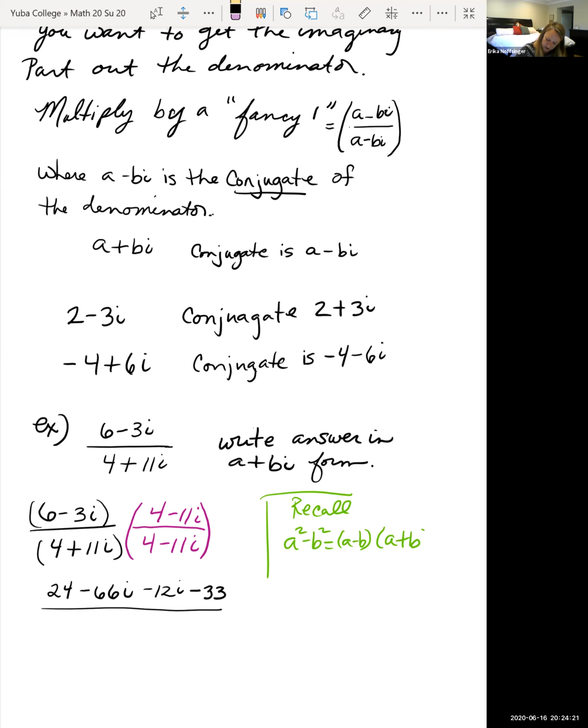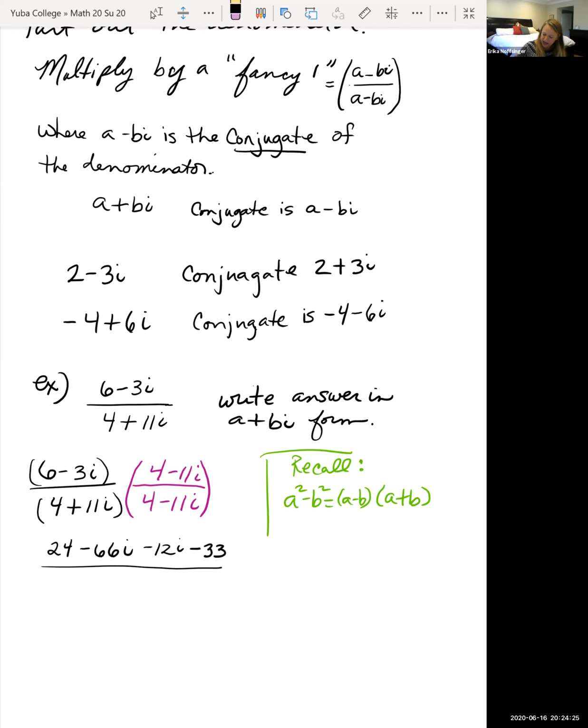Well, this is in the form of a minus b, a plus b, so we can basically just square our first term minus the square of the second term. That's just a fast way to do things. And later, when you get further in math, sometimes faster ways are helpful. Okay, so we're going to use this. I'm going to square my first term minus the square of my second term, 11i.